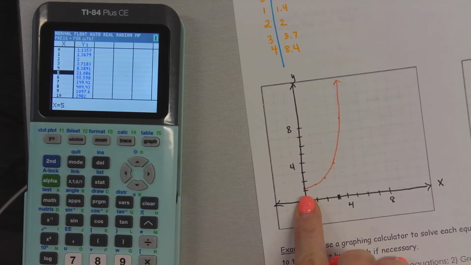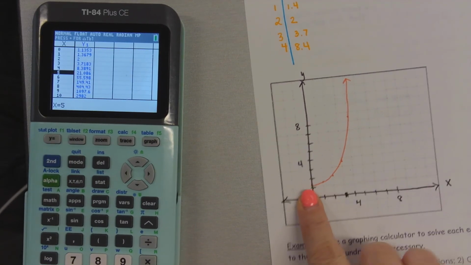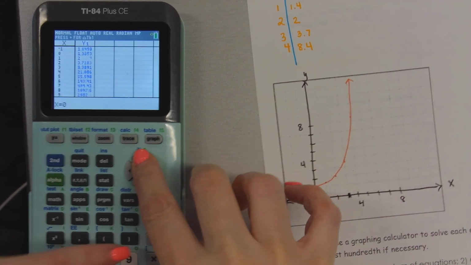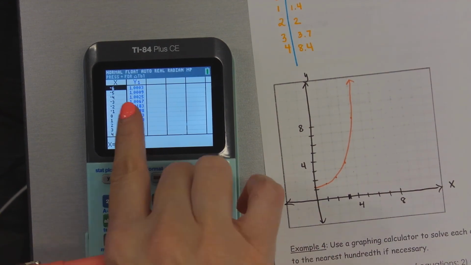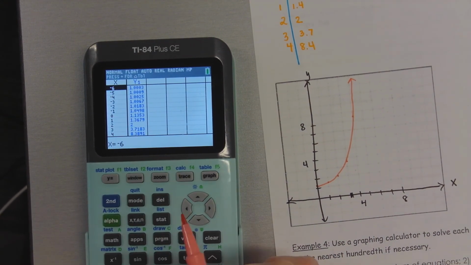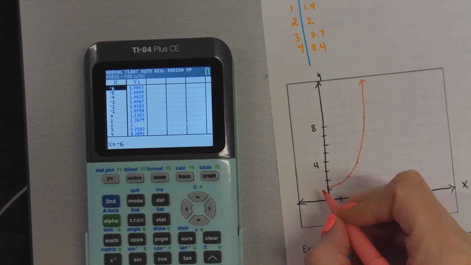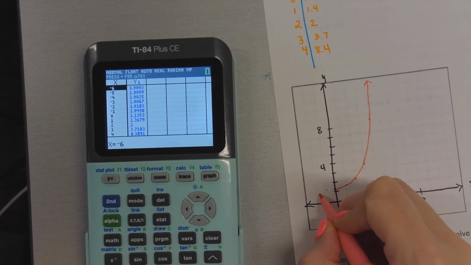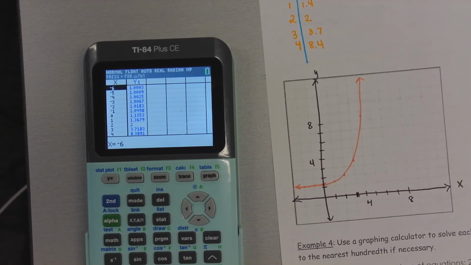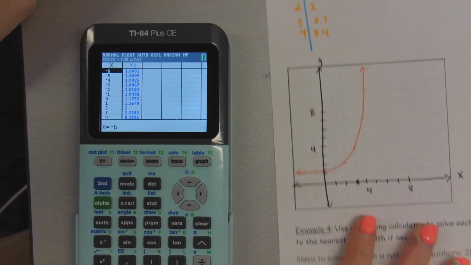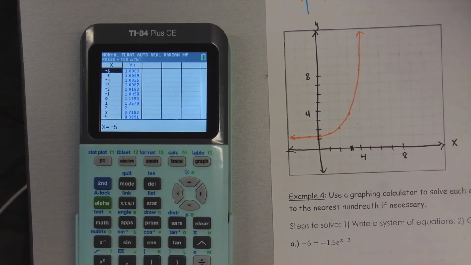Okay, and then you don't just want to leave it like this. You don't have to put more on your table, but look and see what's happening. You're getting closer and closer to what value? 1. Okay, so these are getting closer and closer to 1 here. So we are going to extend that. We're going to put the arrow on it. Okay, so when you're doing a test, you can't just stop it there.